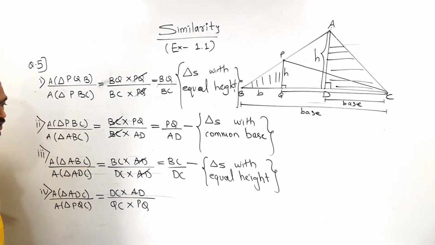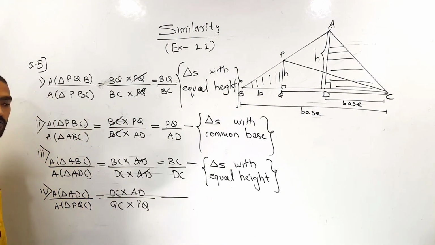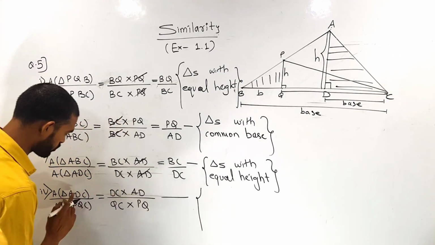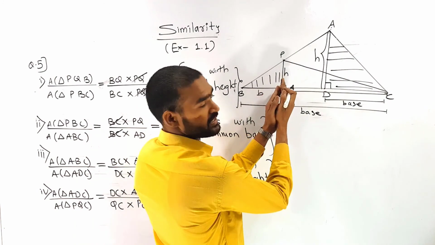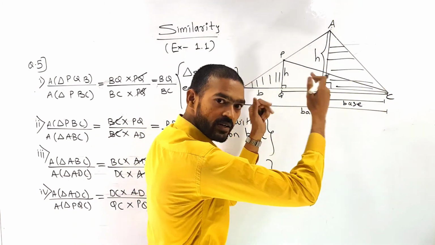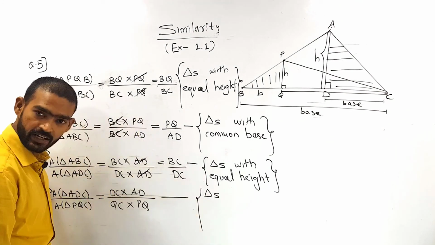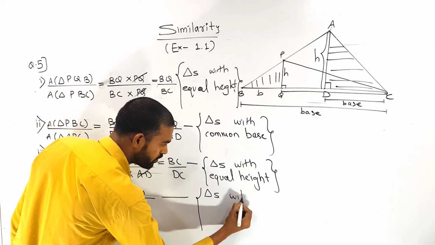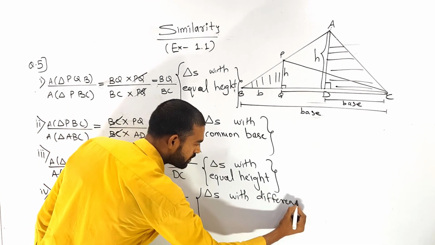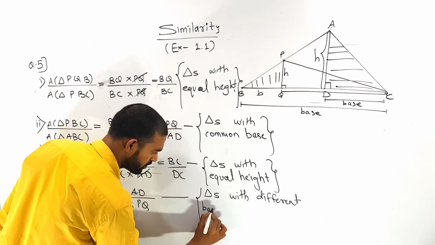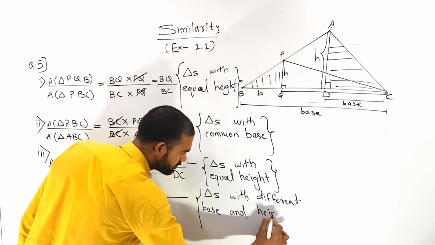Anything we can cancel here? No, nothing is common. So which property is it? Look, both the triangles have different bases and different heights. So we'll apply that first property: triangles with different base and heights.